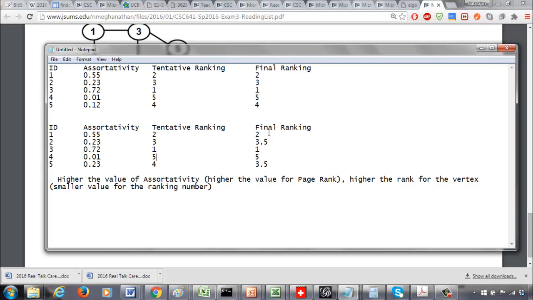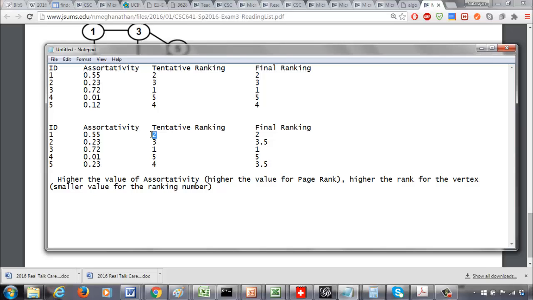So when it comes to final ranking, all those vertices that have the same value, you would have to take the average of those tentative rankings. So tentative ranking 1, only one vertex has that value of 0.72, so you just give the same value for the final ranking.